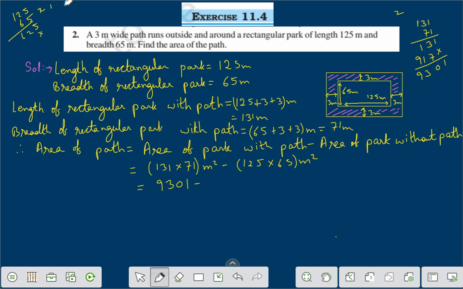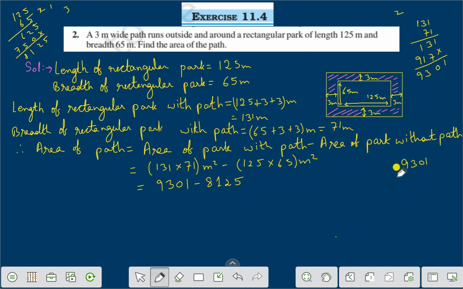Now 6 5s are 30, 3, it is 0. 6 2s are 12 plus 3, 15, carry 1, is 5. Carry 1, 6 plus 1, 7. If we add, this is 5, this is 2, 6 plus 5 is 11, 7 plus 1 is 8, 8125. Then we got 8125.